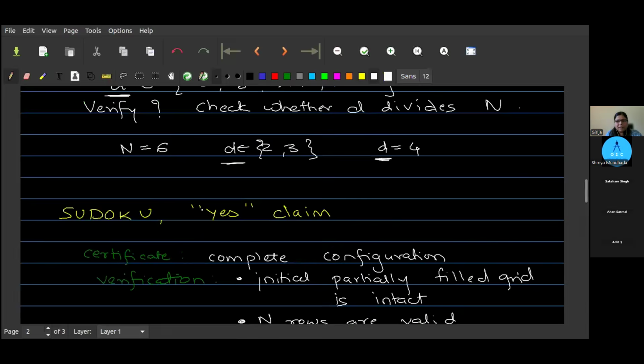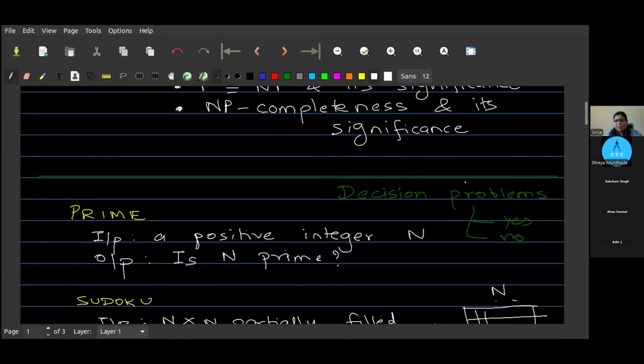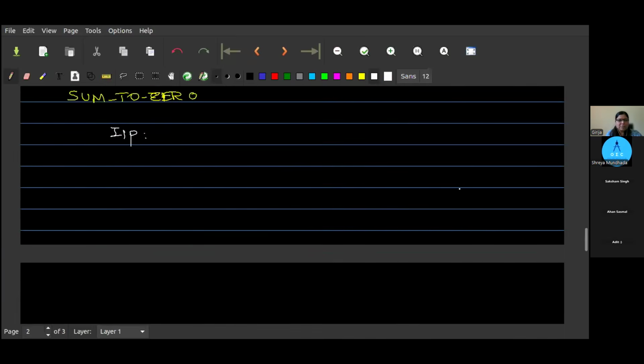Remember, I am still in this realm of decision problems, so I'll define this problem also in a similar way. I'm given input as a list A of n integers. Let's also assume that they are distinct. They can be positive, negative, zero, but they are distinct.